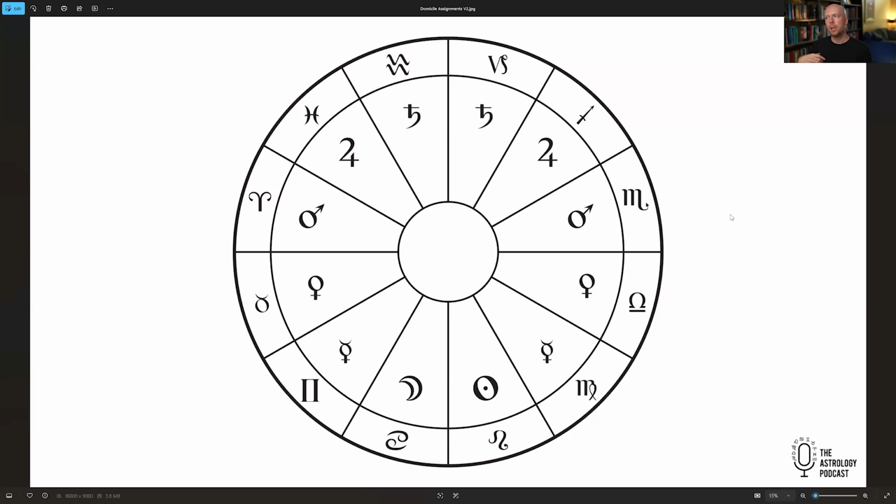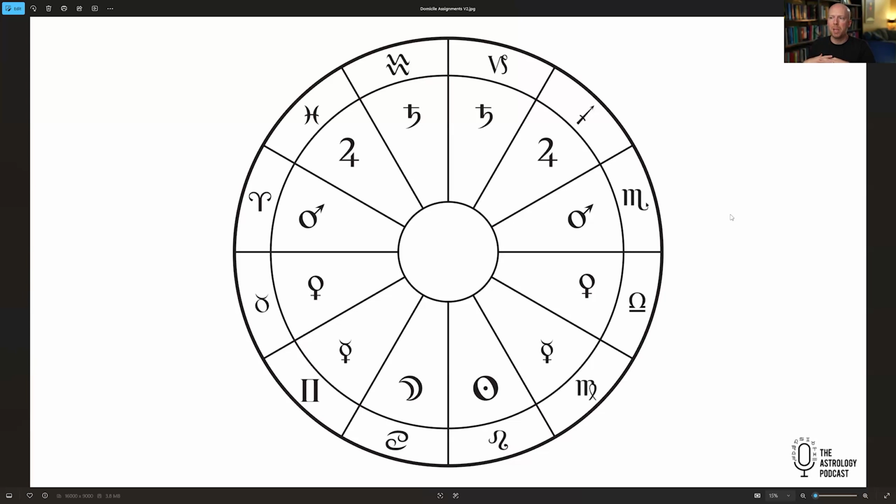And then each of the other five traditional or visible planets is assigned to one sign on either side of the luminaries, or two signs, I should say, flanking out based on their speed and distance from the sun. So Mercury gets Gemini and Virgo, Venus gets Libra and Taurus, Mars gets Aries and Scorpio, Jupiter gets Sagittarius and Pisces, and Saturn gets Capricorn and Aquarius.